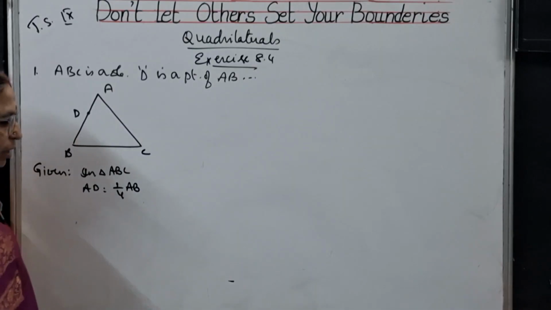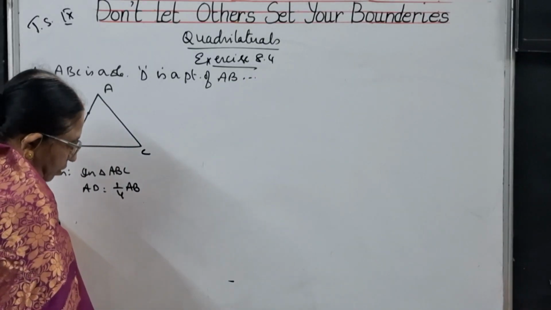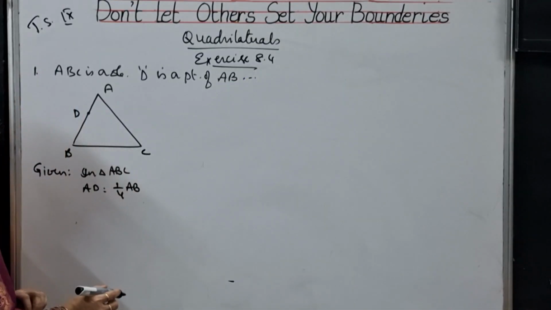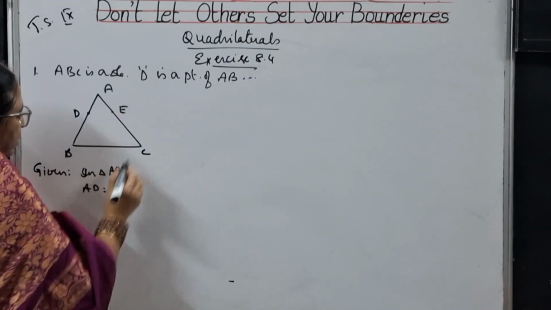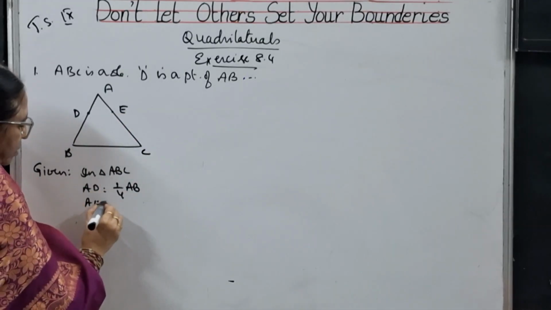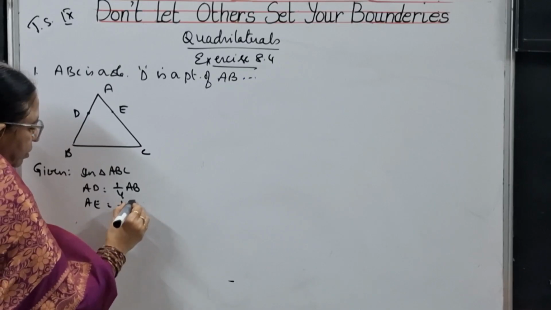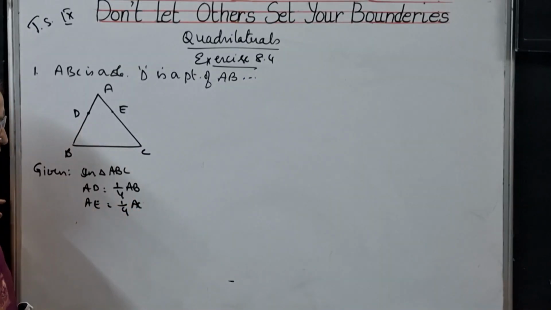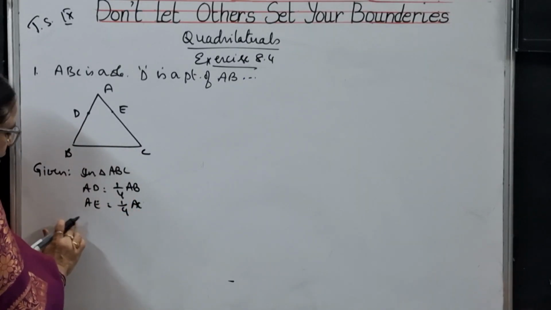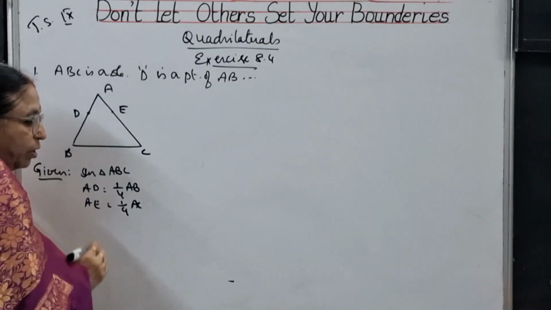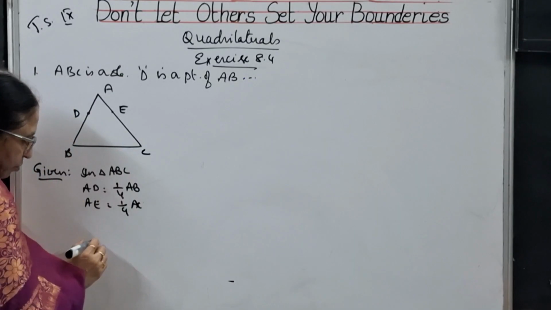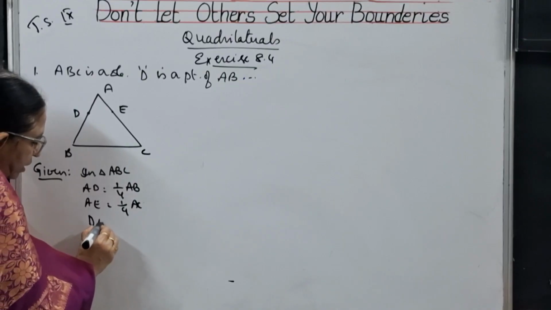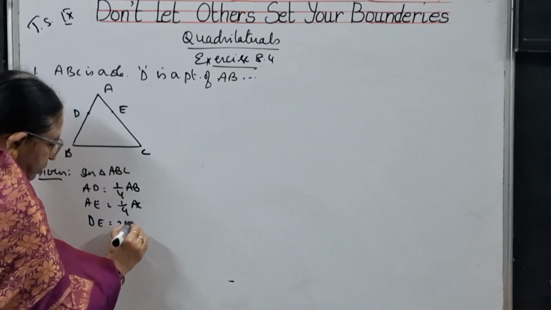D is a point on AB such that AD is 1/4 of AB, and E is a point on AC such that AE is equal to 1/4 of AC. Now, what is our task? We need to find the measure of DE. They have also given DE is equal to 2 centimeters.